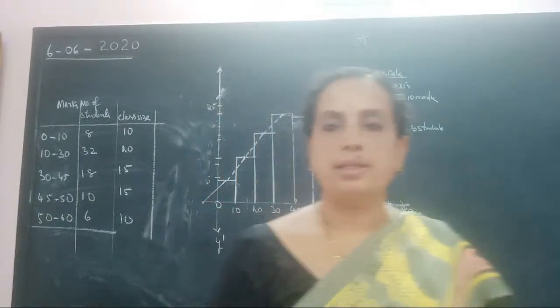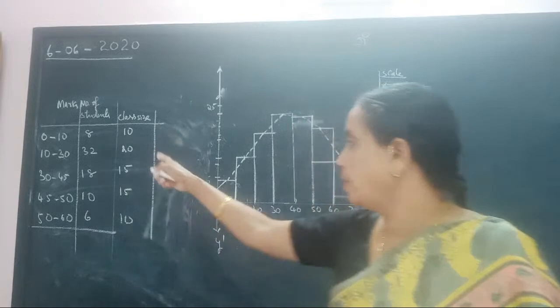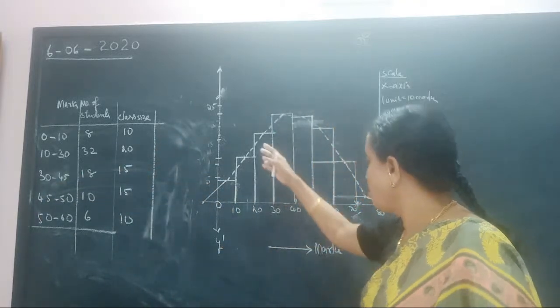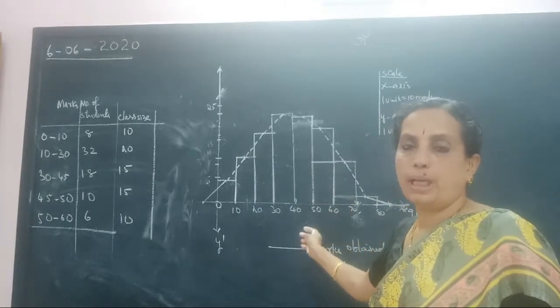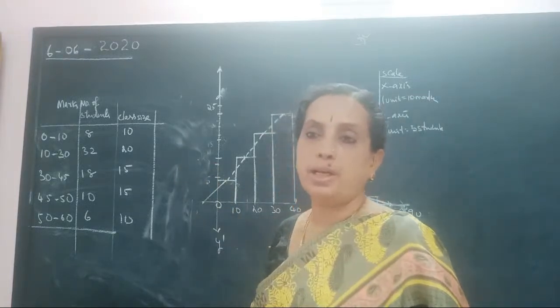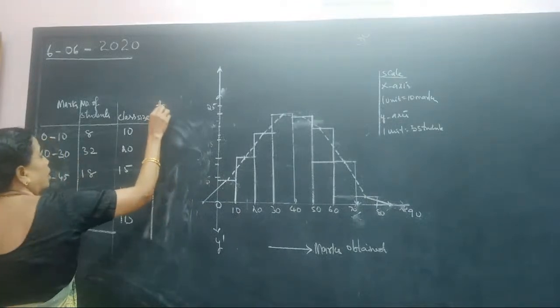So in such cases, we require adjusted frequency. With the variation in class size, we do not get proportional rectangular boxes in the histogram. In such a case, we have to adjust the frequency. How do we get the adjusted frequency?